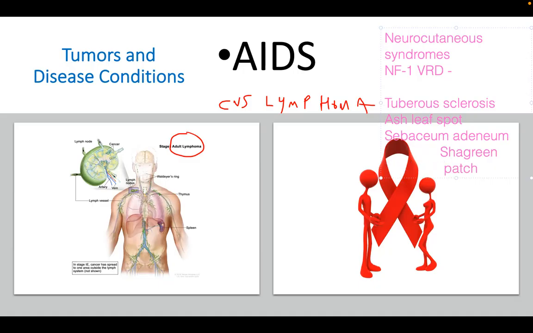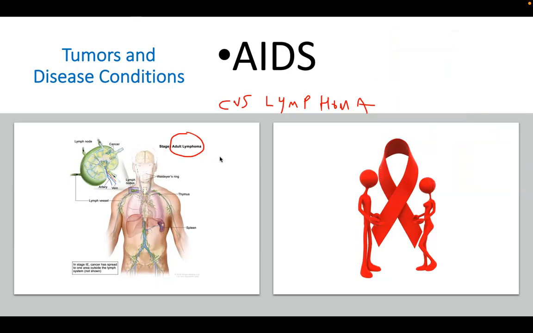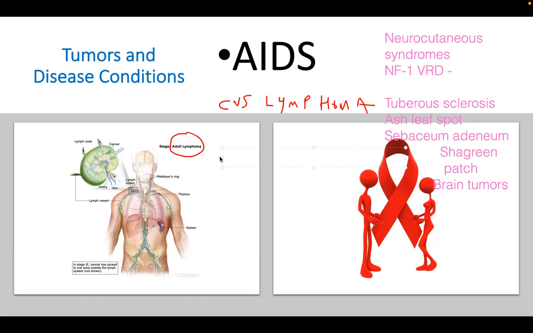Now, why is this important? Because tuberous sclerosis is associated with tubers or brain tumors. I'm not sure if you're aware of another condition which presents with a hemangioma on the face. So we have what we call the port wine stain. Now, can anyone tell me what syndrome this is?